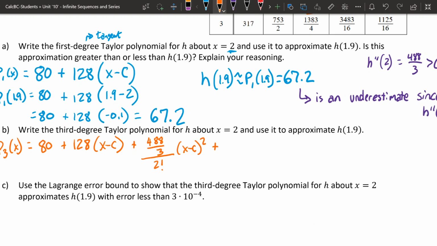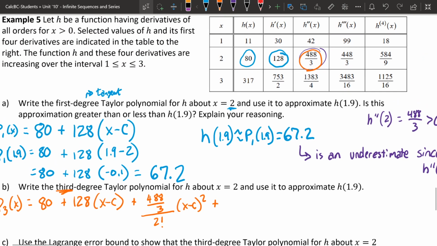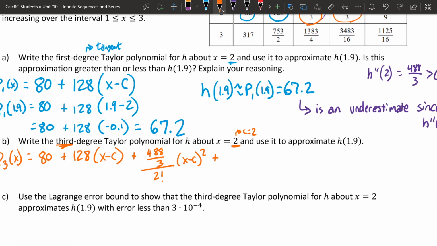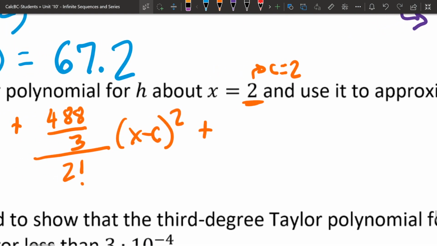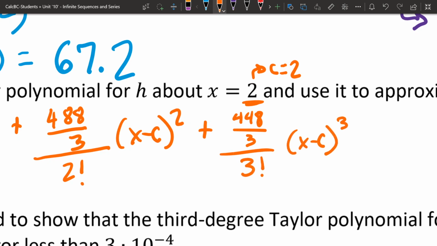And then for our last term, since we only need to go to our third degree, we're going to go out to our third derivative of h at 2. All right, we're still looking at our center of h, c equals 2. All right, 448 over 3 factorial times x minus c to the third power.